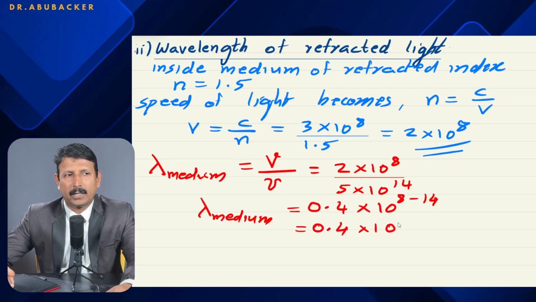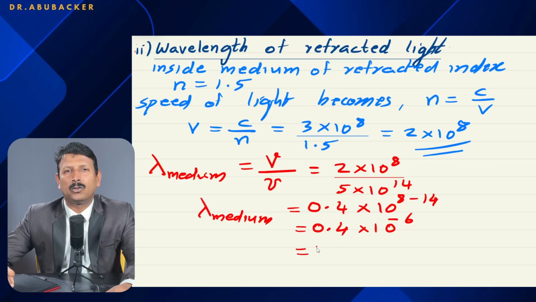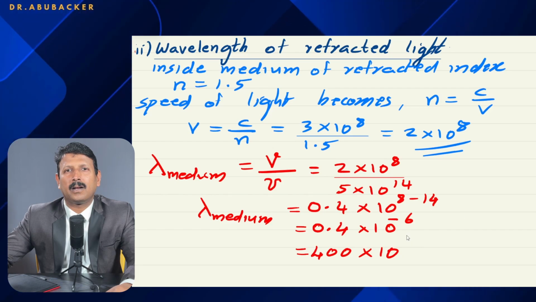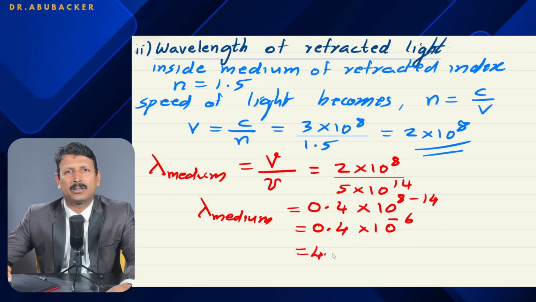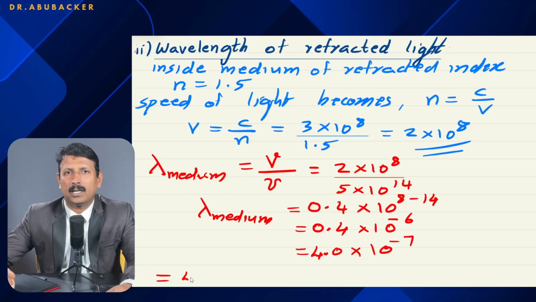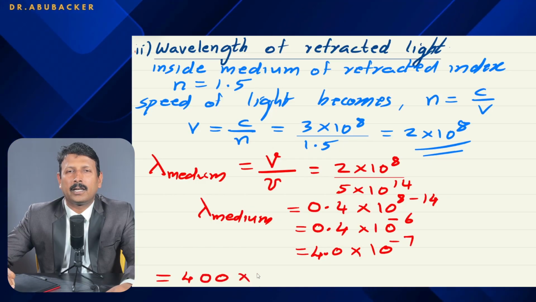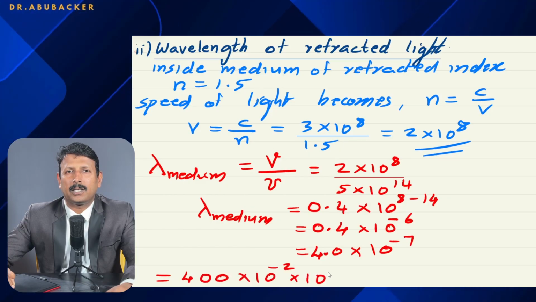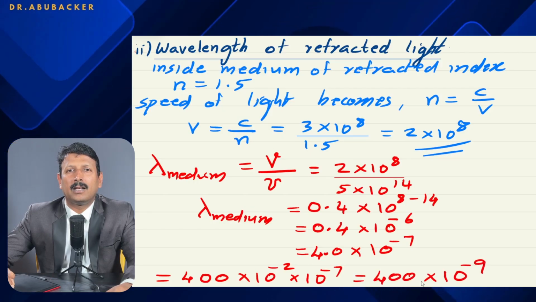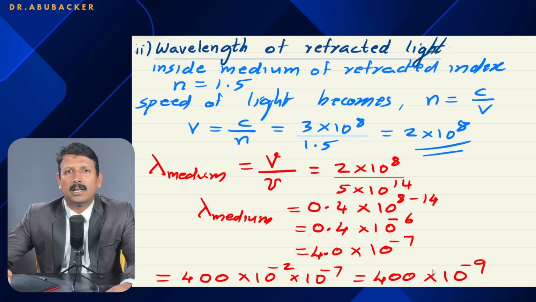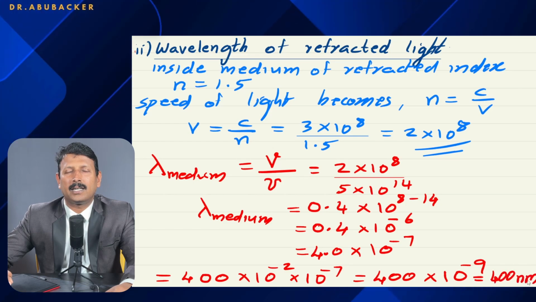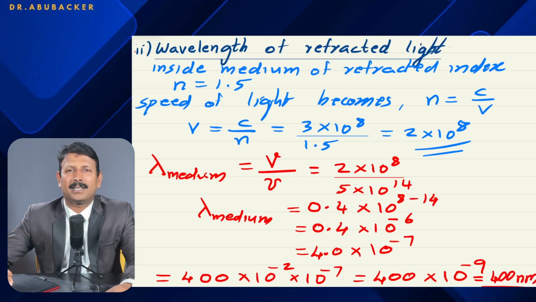So 0.4 into 10 raised to minus 6, which is 4 into 10 raised to minus 7. Now we want to write this in nanometer format. Two more points shifted, so 10 raised to minus 2 came, total minus 9. So 400 into 10 raised to minus 9 means 400 nanometer. Understood? Now we found the wavelength of the reflected and refracted light.